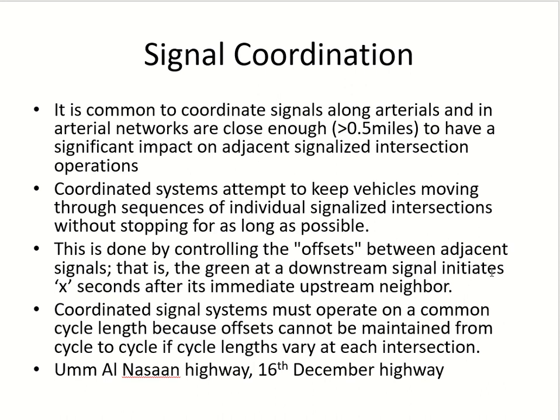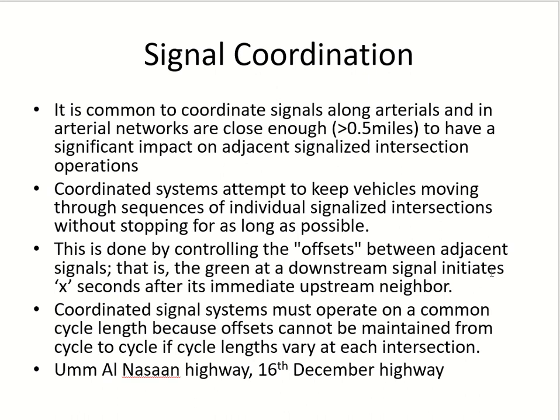Okay, signal coordination I already mentioned in the last lecture as well as today: you have a sequence of intersections all having signals, very close to each other, so you program them so that the vehicles move without any interruption.